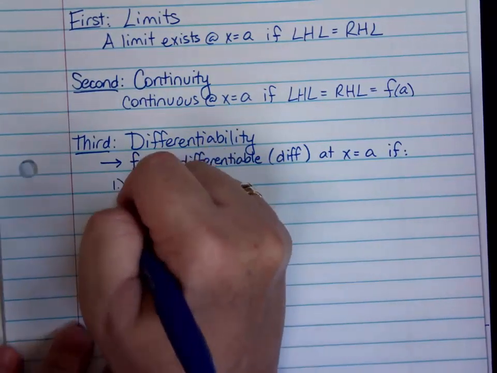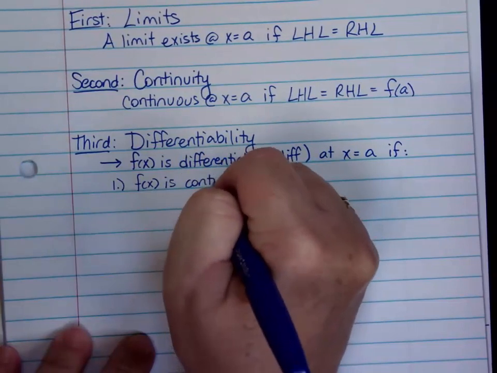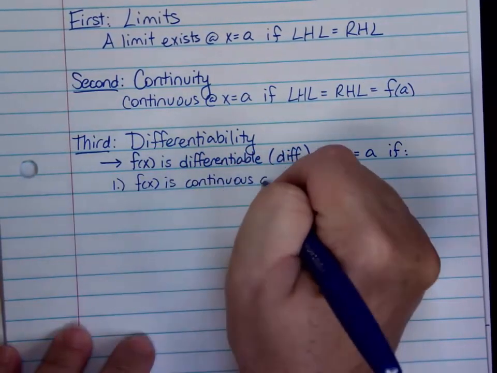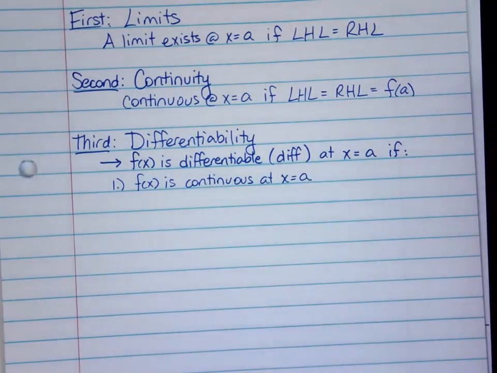Item number one: f of x is continuous at a. If it's not continuous, it can't have a derivative.